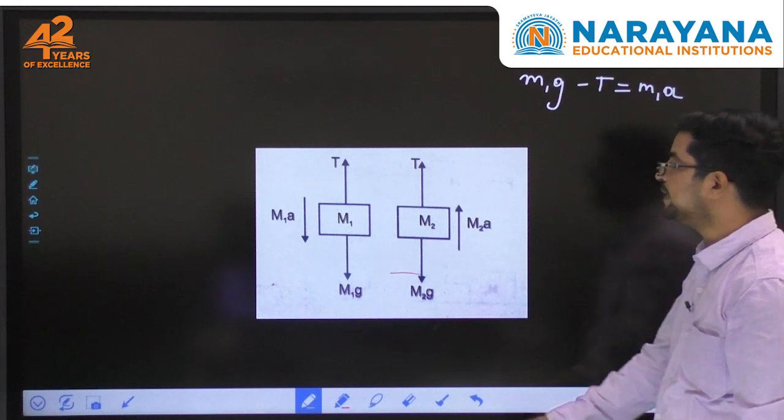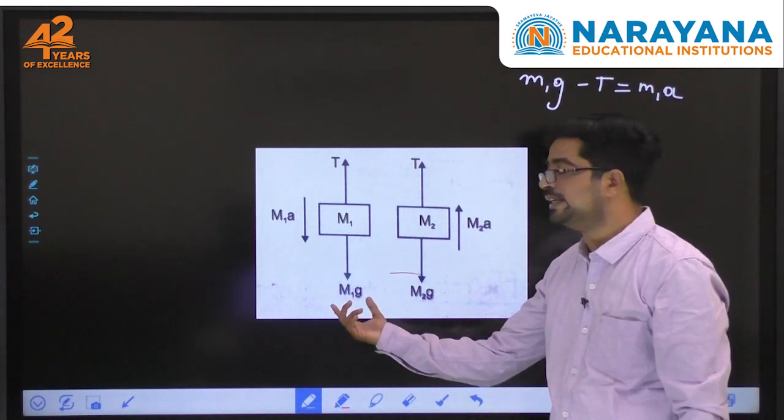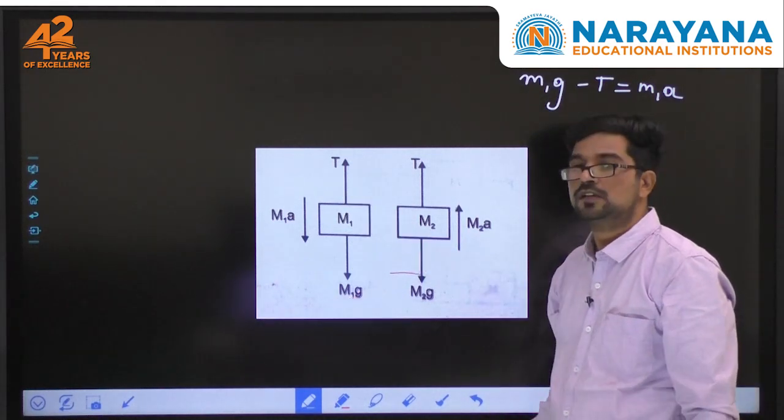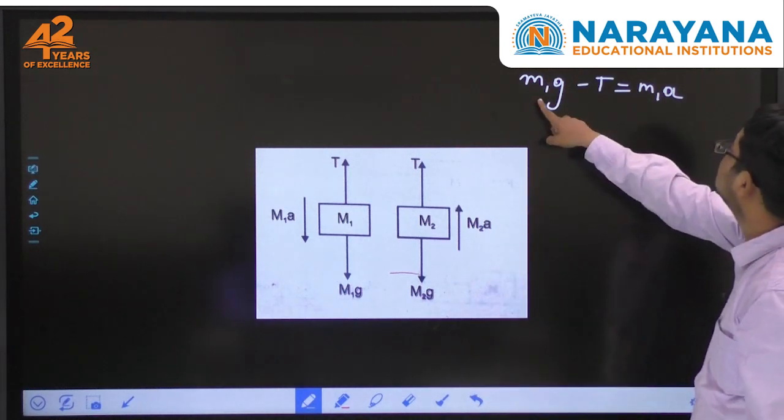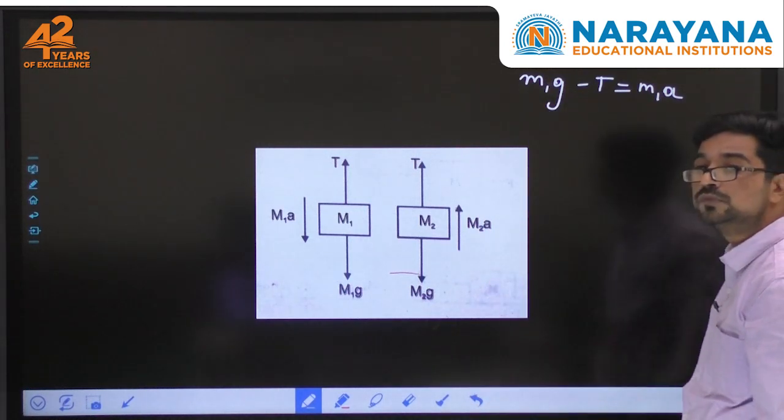Net force is acting downwards. Therefore, m1g is more than the tension. So we can write as follows: m1g minus T is equal to m1a.